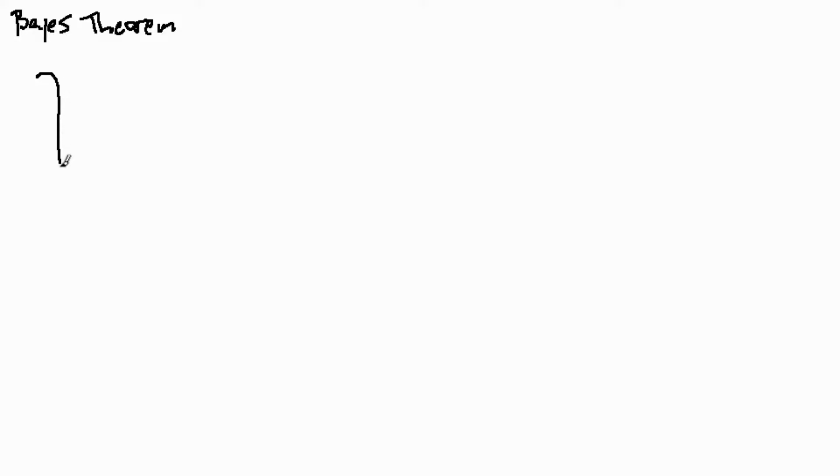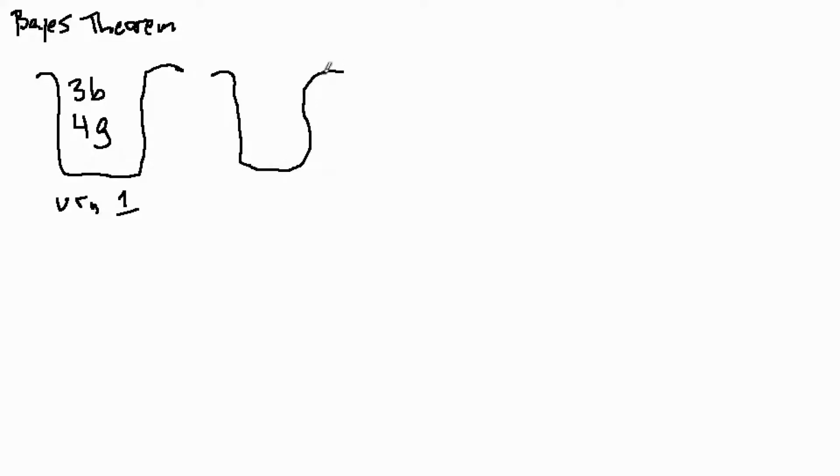So we have 2 urns here. Here's urn 1, and urn 1 has 3 blue balls in it, and it has 4 gray balls in it. And now we come over here, and here is urn 2, and urn 2 has 5 blue balls in it, and it's got 3 gray balls in it.